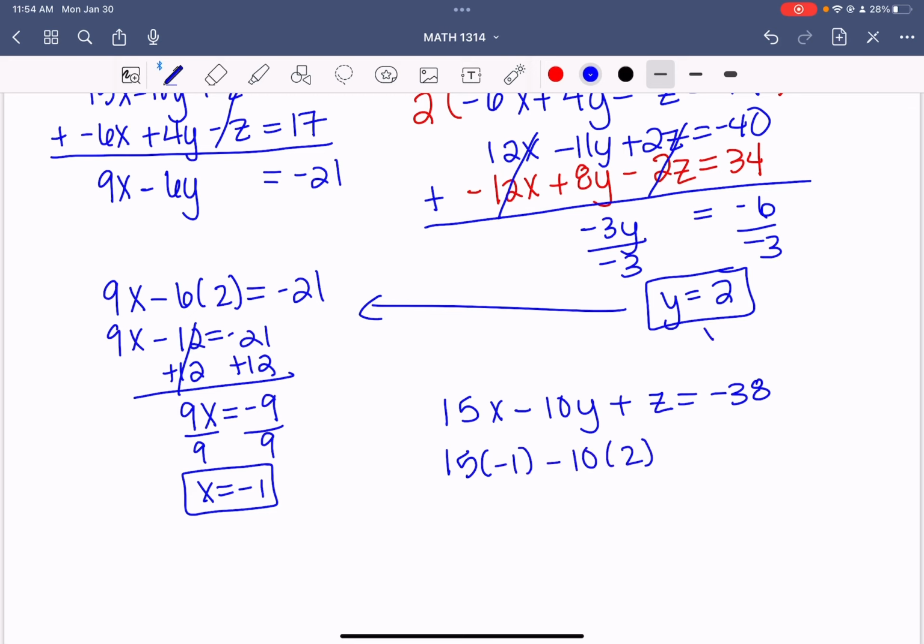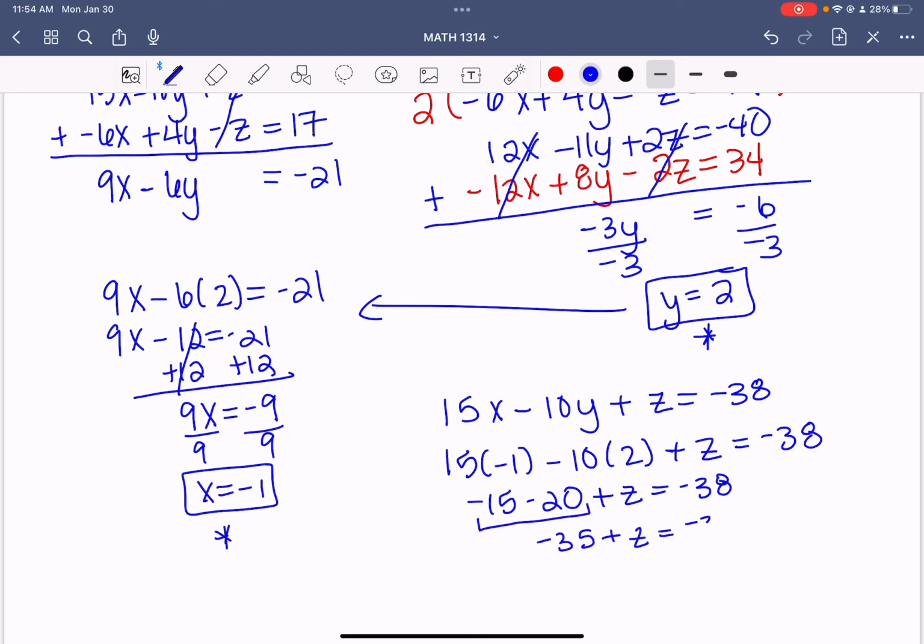So it gives me negative 15 minus 20 plus z equal to negative 38. Combining these gives negative 35 plus z equal to negative 38. Then add 35 over, and it gives me z equal to negative 3.